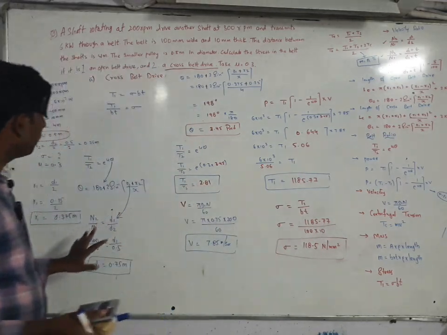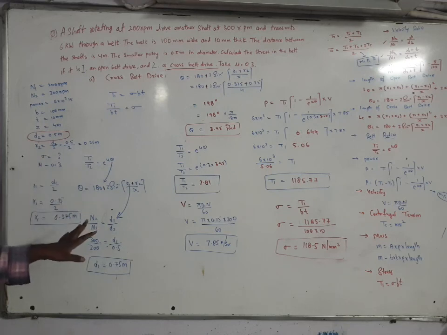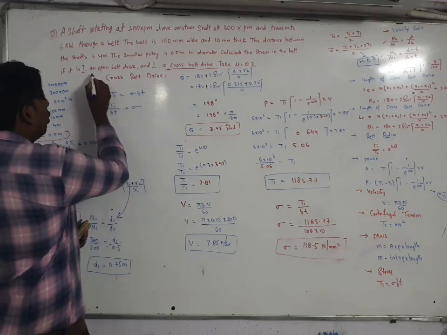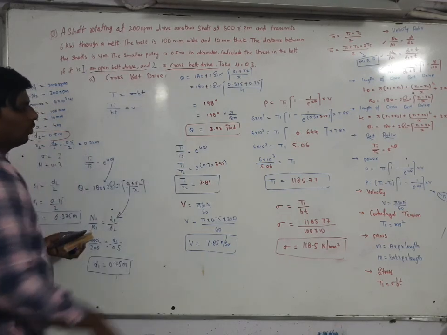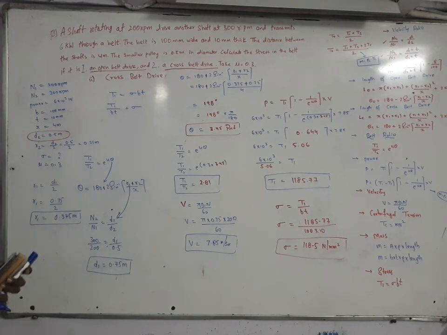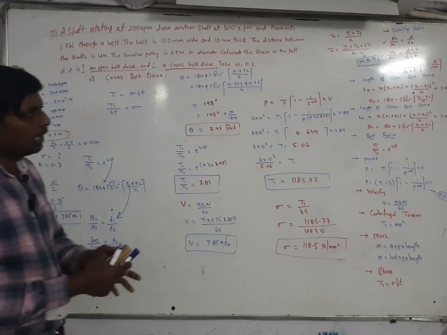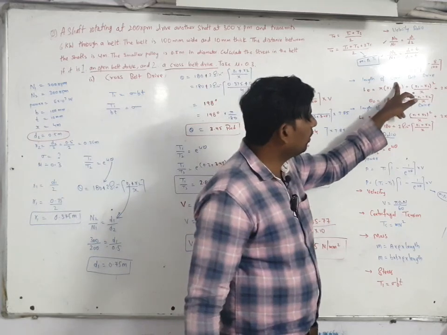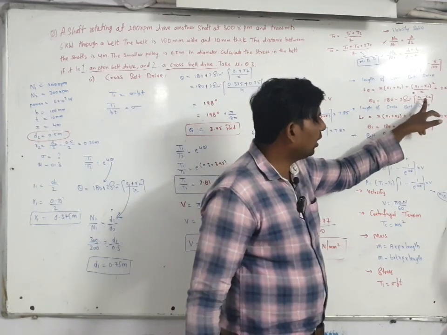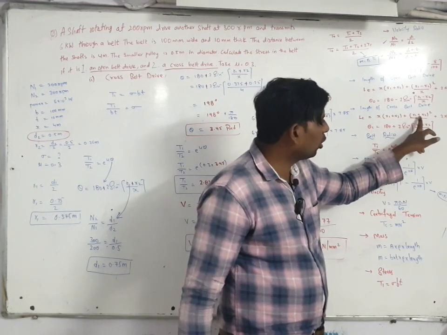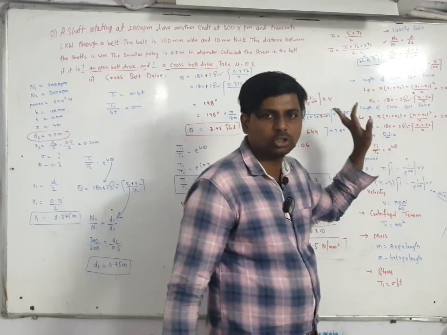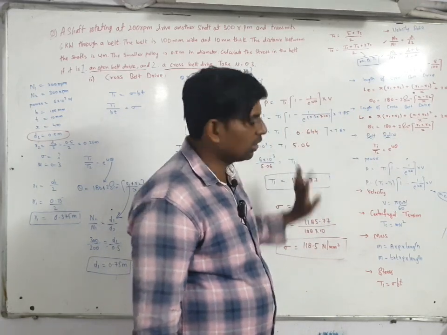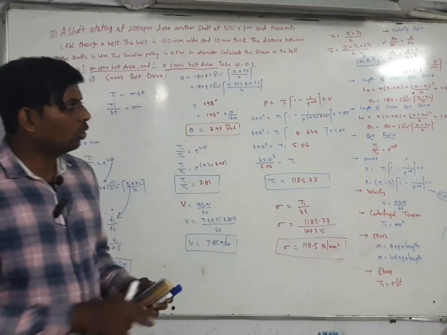Like this you have to find out whenever a cross belt is given. In the previous one, an open belt drive was given, and in this one a cross belt drive. With the help of open and cross belt drive you can see the difference: in open belt drive, minus is there here and minus is there here, but in cross belt drive, plus is there here and plus is there here. You have to remember this for open belt drive and cross belt drive.